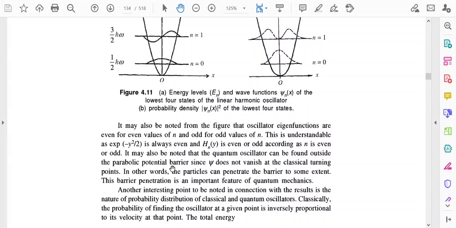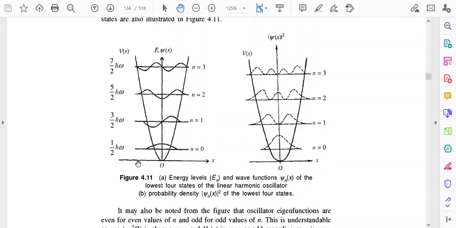So I am again discussing this fact. If you look at this graphical nature of the wave function, you see that this boundary of the potential, we can consider that this is the classical potential barrier.